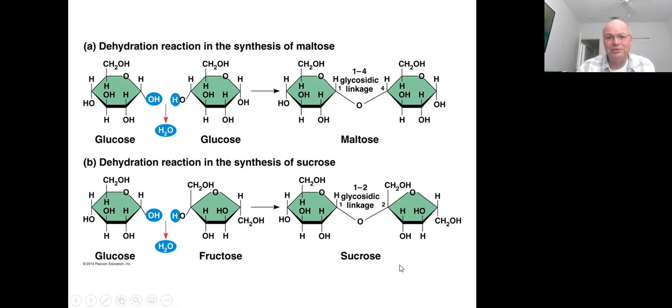The same with agave syrup and some of these other sugar substitutes that people consider to be healthy. They're not really all that much healthier than sugar, because they are very, very concentrated sugar solutions, and they don't contain a whole lot of vitamins and minerals to make them nutritionally superior to table sugar.